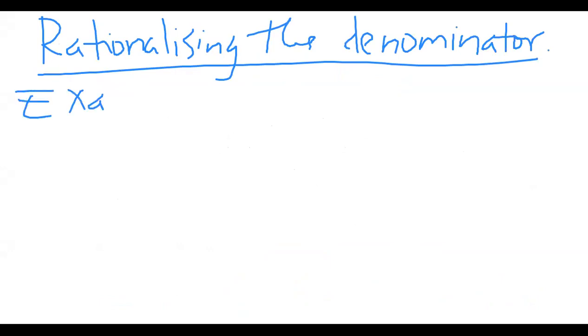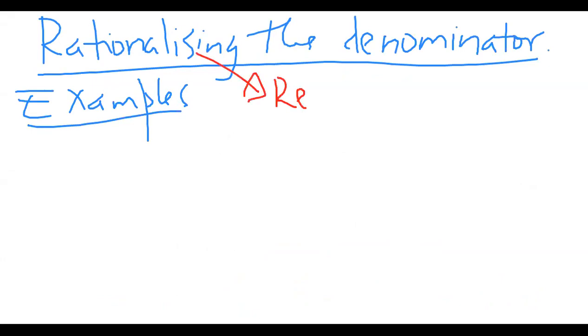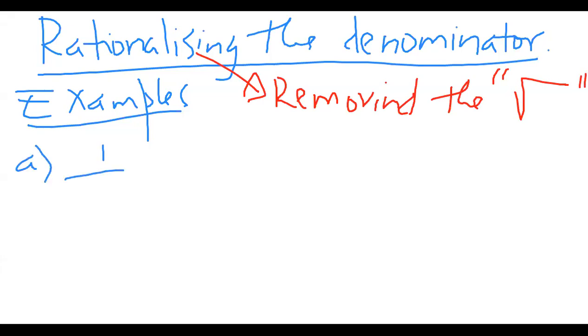We say that rationalization means removing the square root symbol from the denominator. It means removing the square root from the denominator. So the examples here can have, for example, part A, 1 out of root of 2.